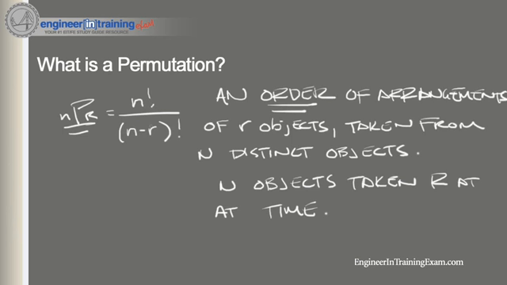To simplify my complicated definition, sorry about that, when you need to count the number of ways you can arrange items where order is important, then you can use permutations to count. So once again, when you need to count the number of ways you can arrange items where order is important, then you can use permutations to count.